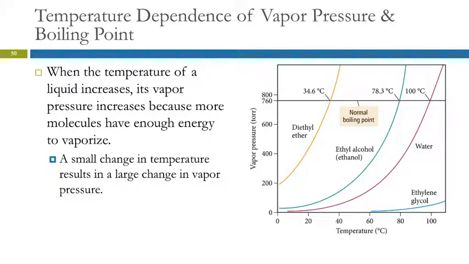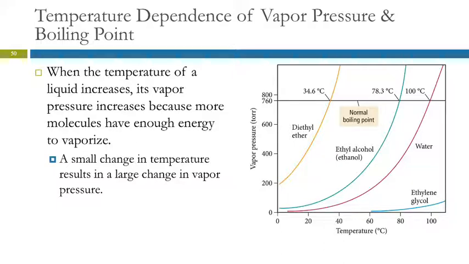There's a temperature dependence of vapor pressure. So the vapor pressure will increase as the temperature increases. Because as you increase the temperature, more molecules are able to escape, and so the rate of evaporation will increase. That's going to cause the vapor pressure to increase as well.